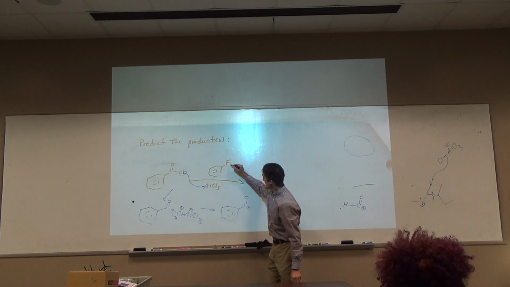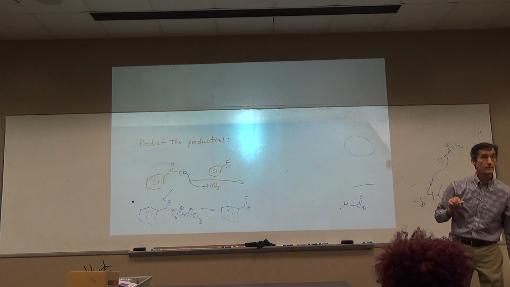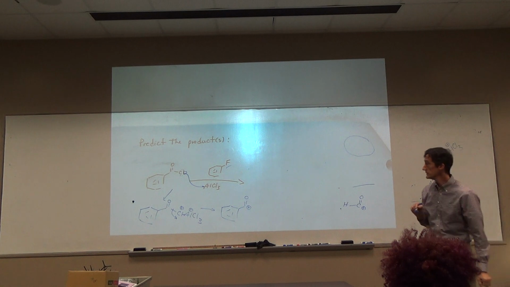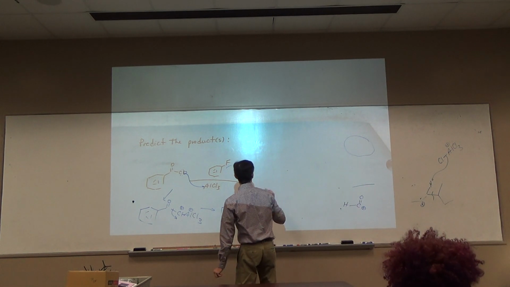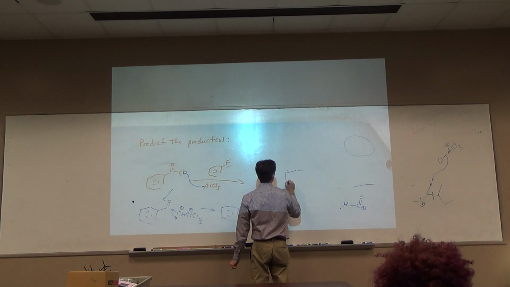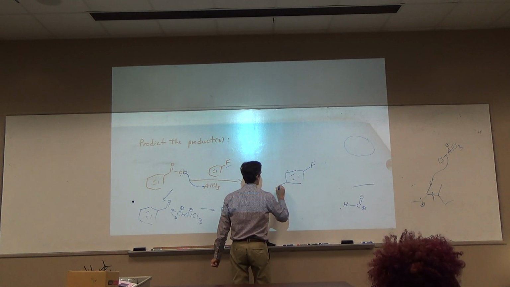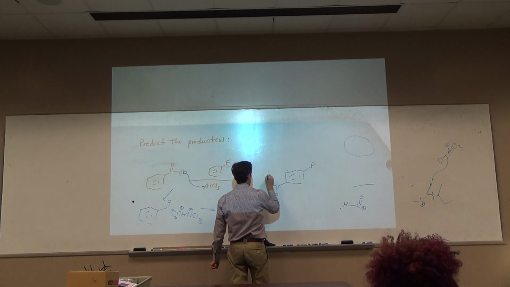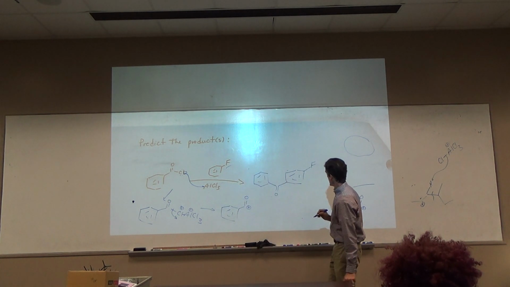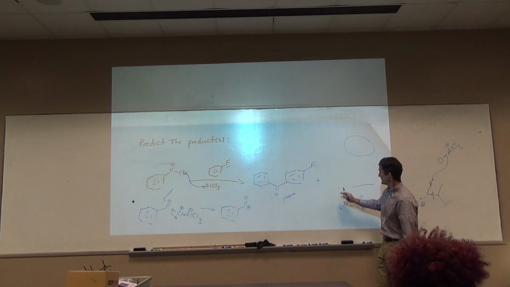What type of director is the F? Ortho, para. Mostly para. Ortho-para director. Groups 1 through 3 are ortho-para directors. And so the product here is going to be, you can work through your mechanism, that there, which is para to the F, plus we were also going to get what?